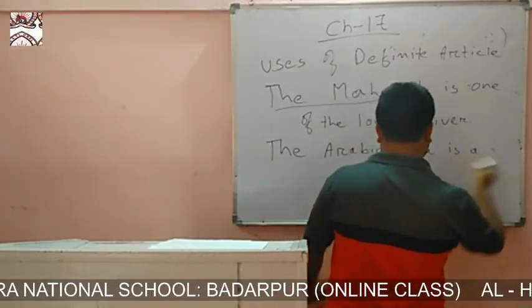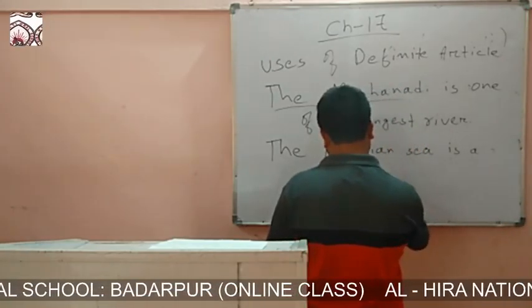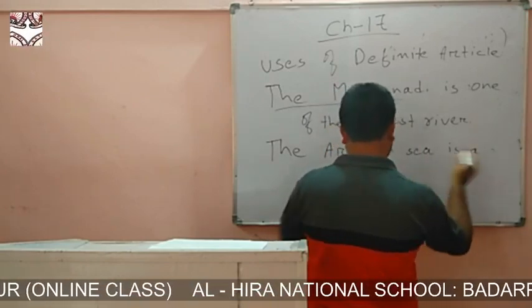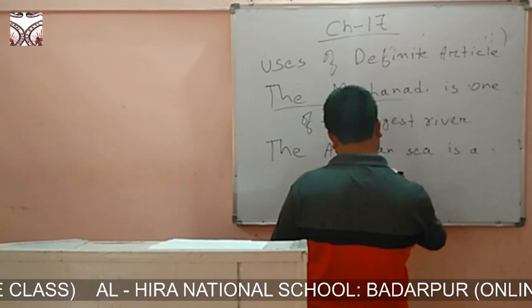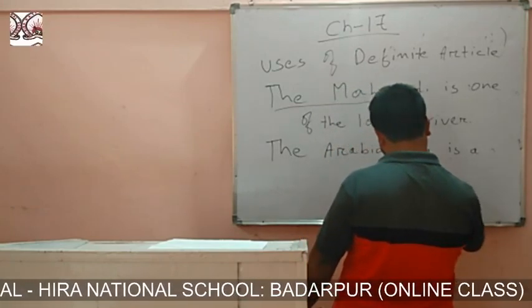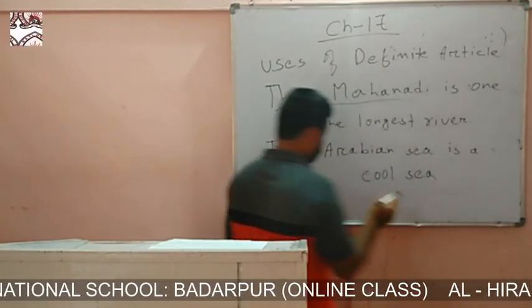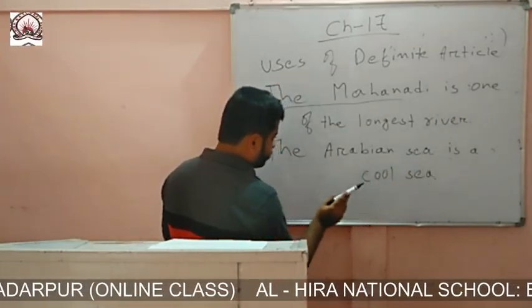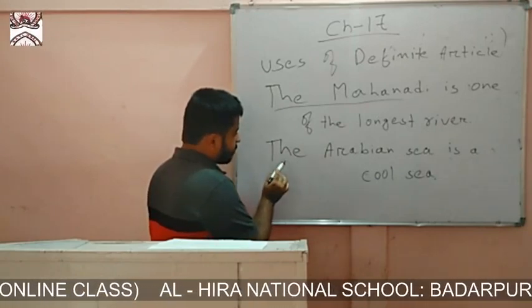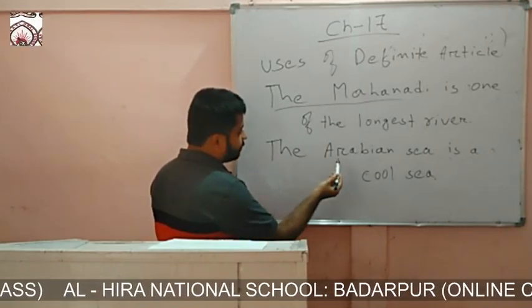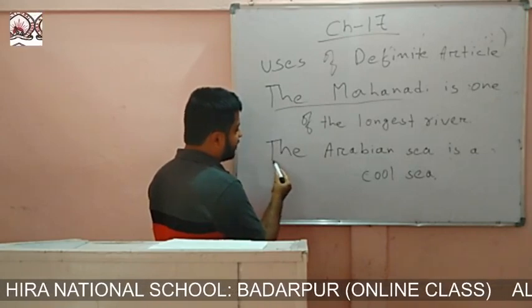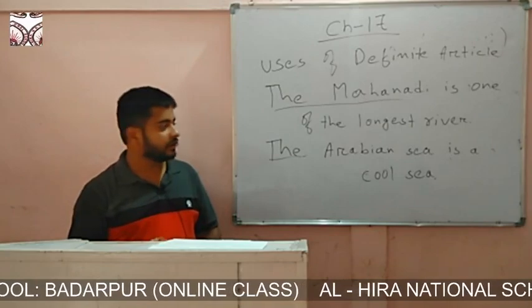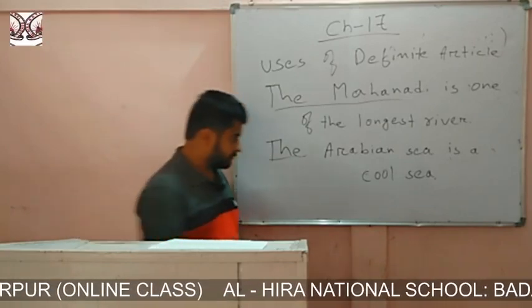Or you can write it is a nice sea, or a cool sea. Anything you can write, but you should remember that this is not important. If we find the name of a sea, we should always write "the" with the sea. You can also write the Arabian Sea is a beautiful sea.